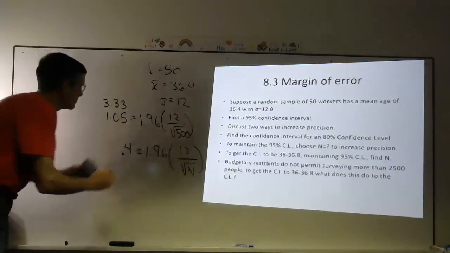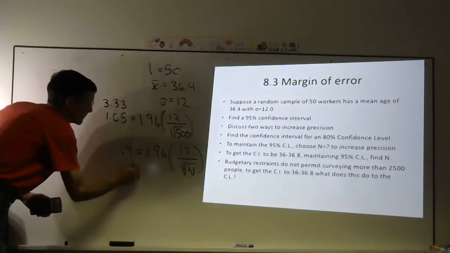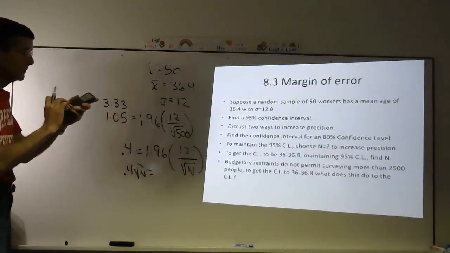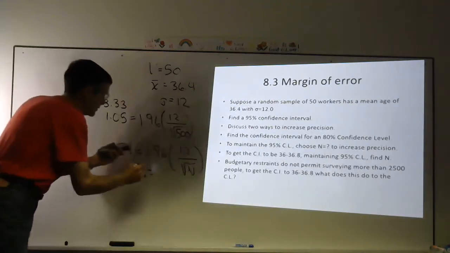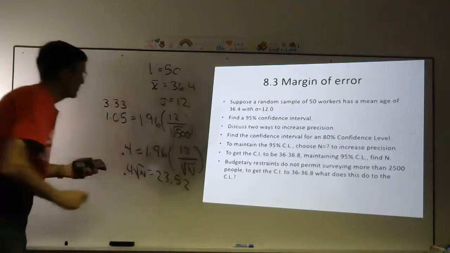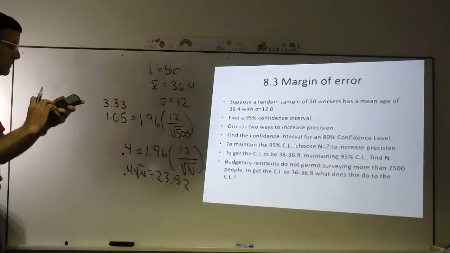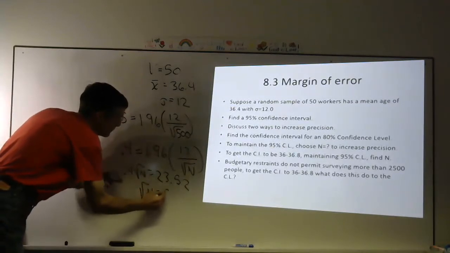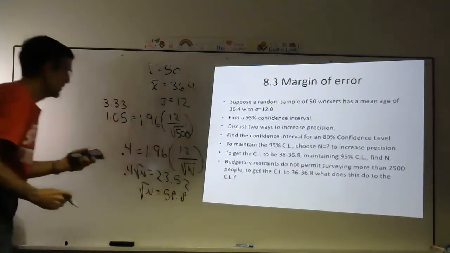Can we solve this for n? I'm going to multiply root n over to this side. And 1.96 times 12 is 23.52. And now, can we solve that? Divide by 0.4 and get root n is 58.8, okay?